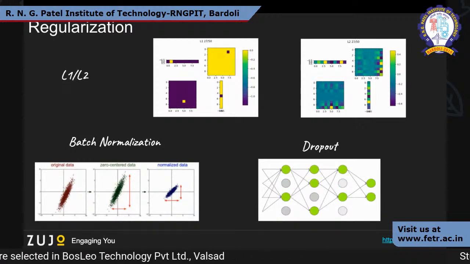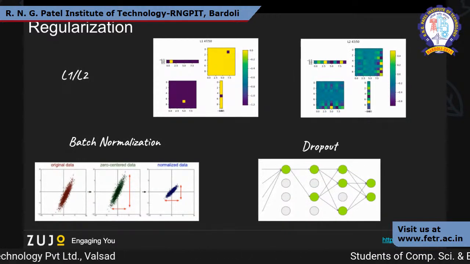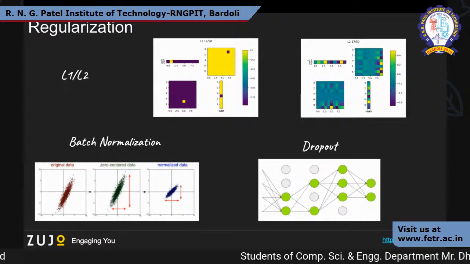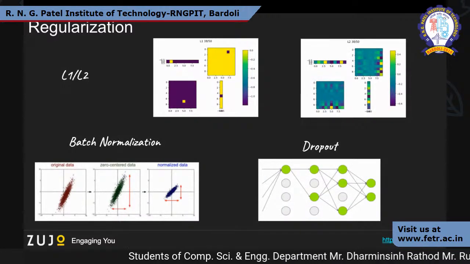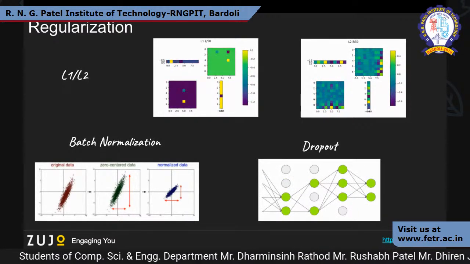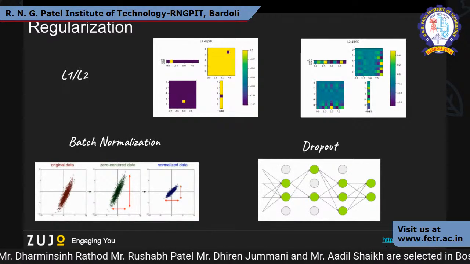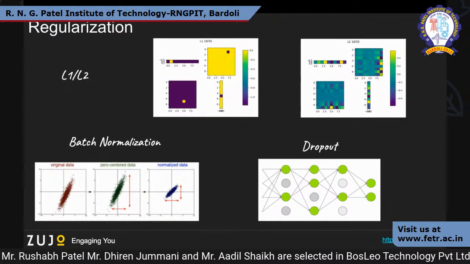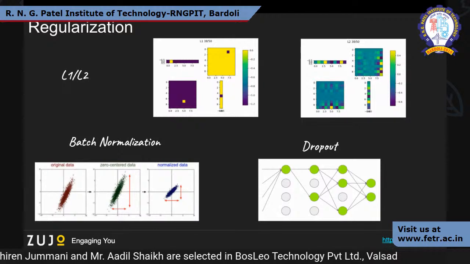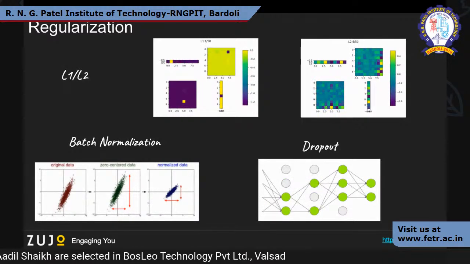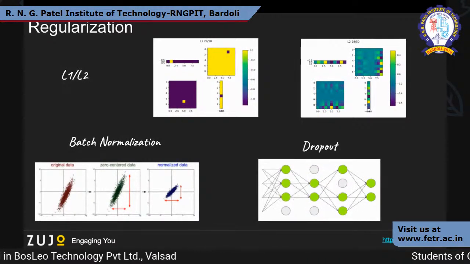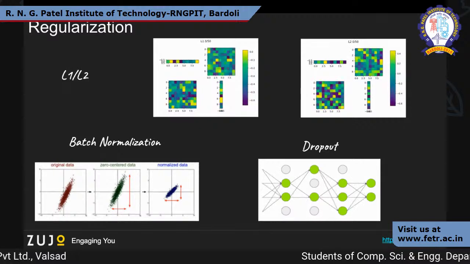L1 and L2 are penalization functions which penalize your weights to focus on a single feature rather than the distribution of the whole probability. L1 and L2 are much more complex, and I'm not going into the details of them.